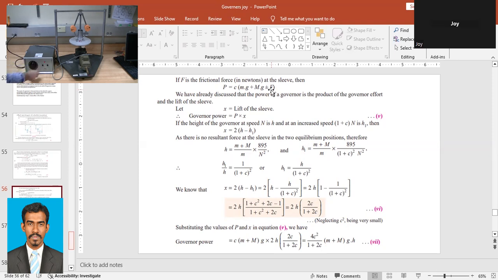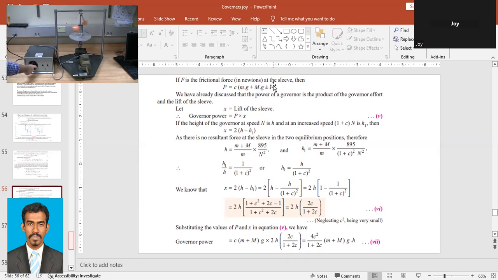If the sleeve moves upwards, the frictional force would be downwards, which will be added, because Mg and frictional force are in the same direction. If the sleeve is moving downwards, the frictional force would be upwards, which is opposite to the Mg. So there we will use Mg minus F.